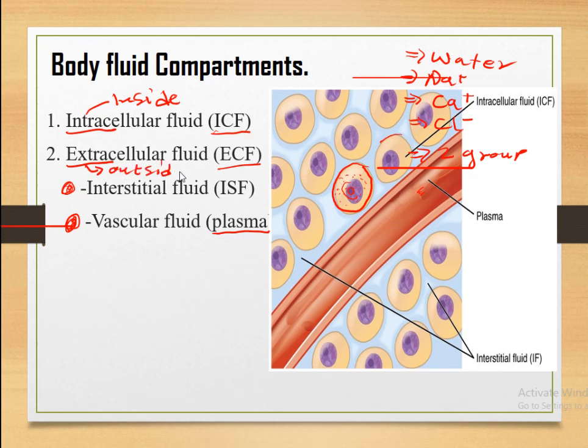Anything that is outside this cell makes up the extracellular fluid. It consists of the interstitial fluid and the vascular fluid, which is known as plasma. Plasma can also be called vascular fluid. And then we have the interstitial fluid.